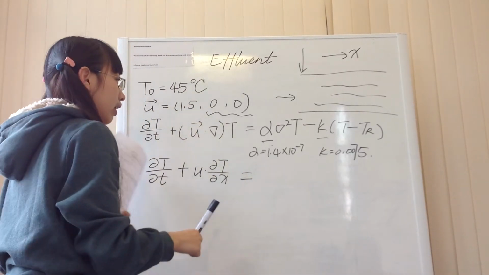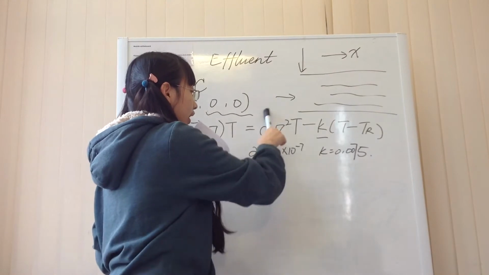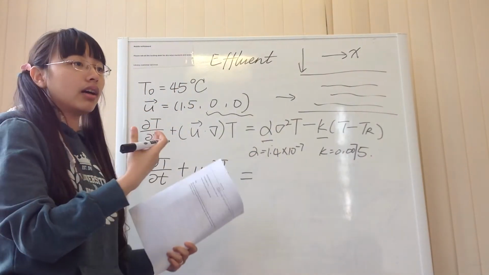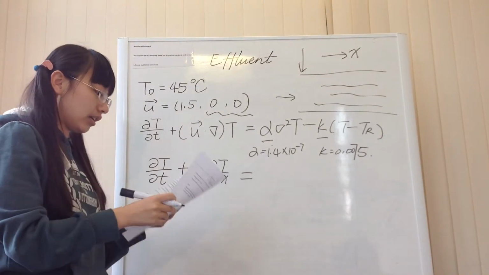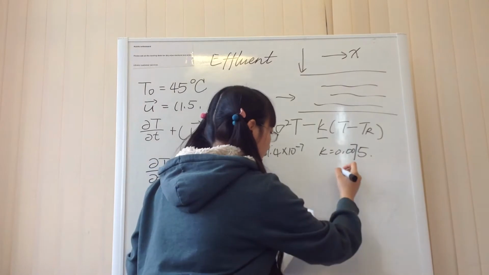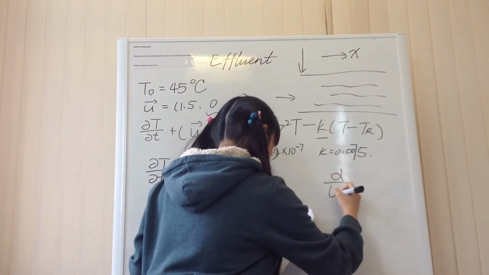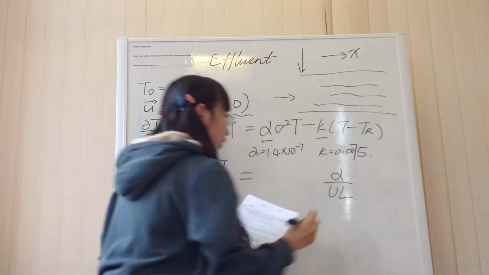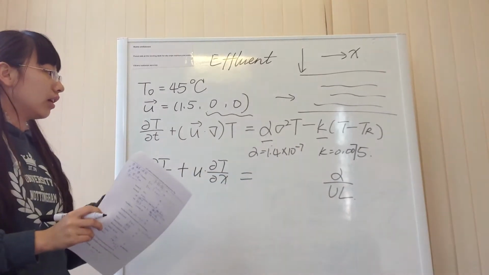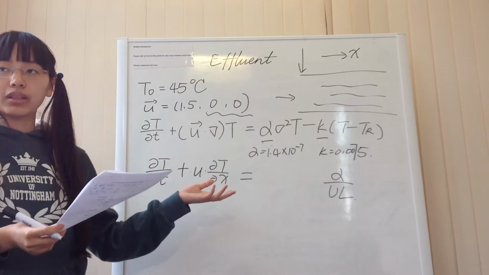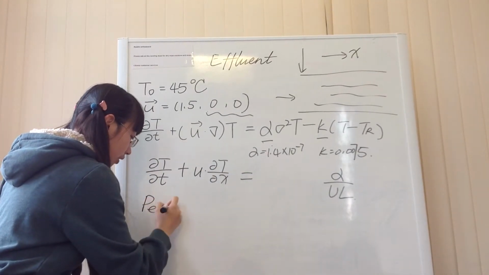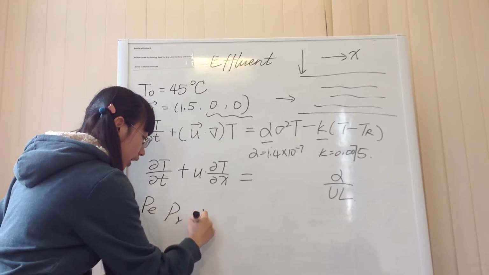Then you come to here, where the alpha is relatively small if you analyze this in a dimensionless way, as suggested by Budi here. What he got here is alpha over UL. This is the way we analyze the relative importance of a parameter. As you can see, we have three numbers, Pe, Pr, and Re.